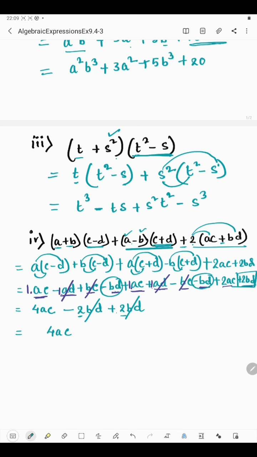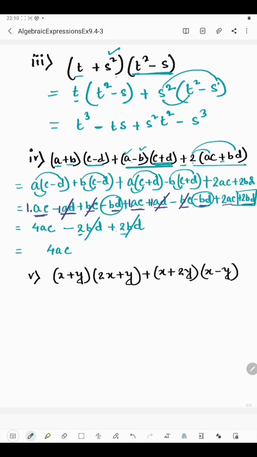Okay. Now coming to the fifth part. Now in the fifth part we have x plus y multiplied by 2x plus y, plus x plus 2y into x minus y. So here we will have to multiply these two binomials, and then again multiply these two binomials, and then the results are to be added to get the answer.